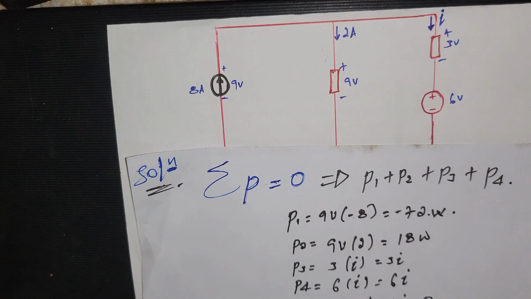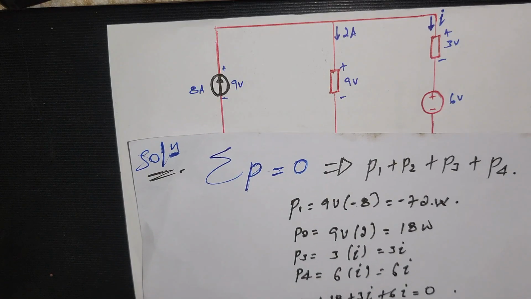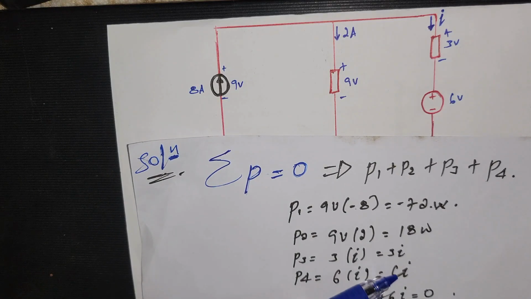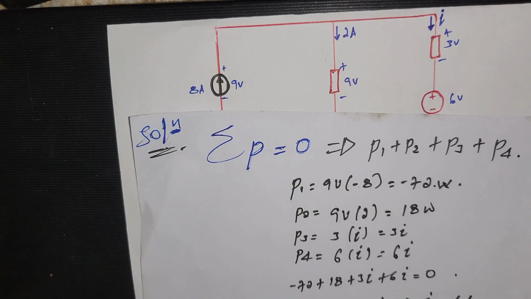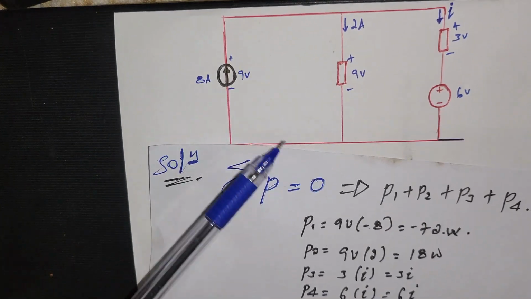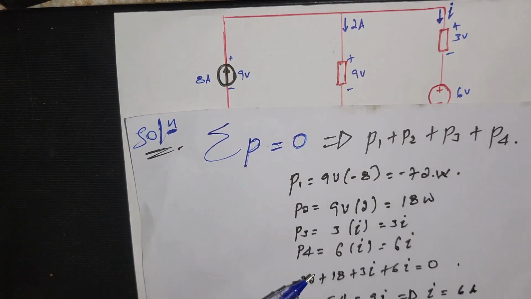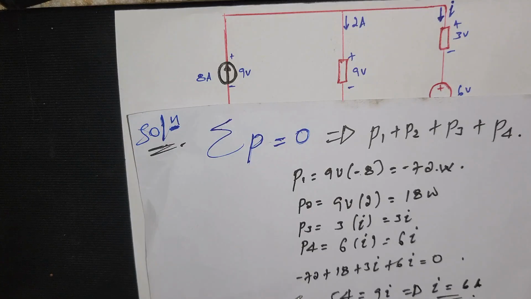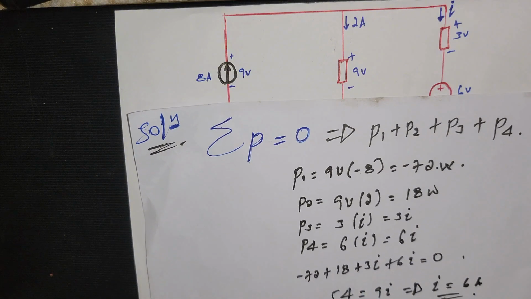In order to find the value of I and calculate the amount of power on P3 and P4, we apply the conservation of power. The summation of the power on the whole system must be 0. So P1 minus 72 plus 18 plus 3I plus 6I must be 0.